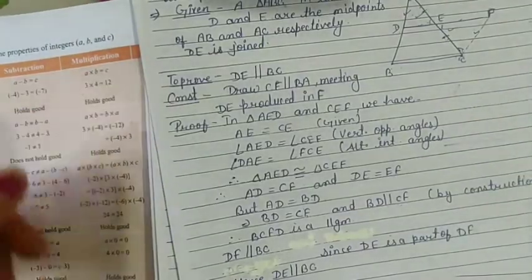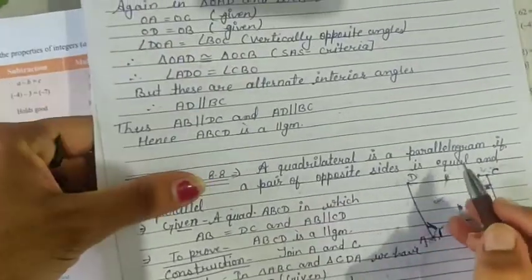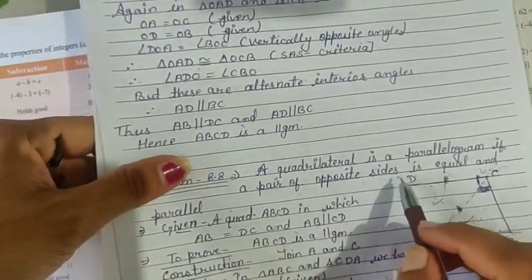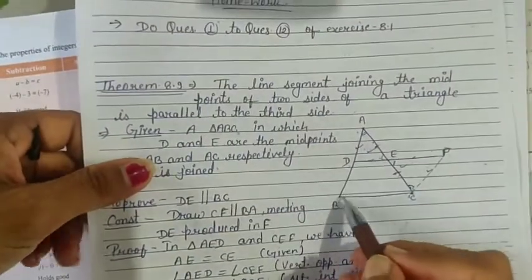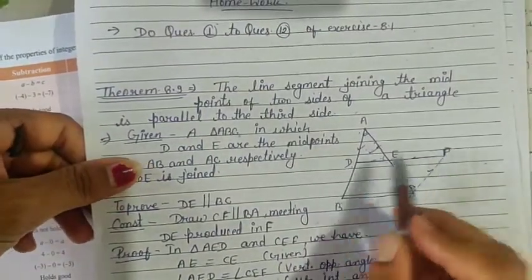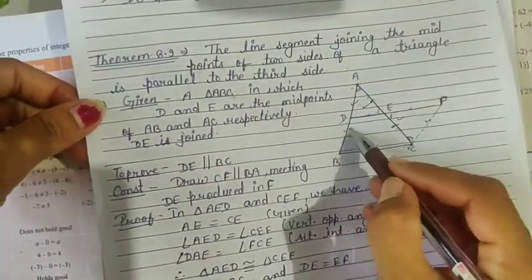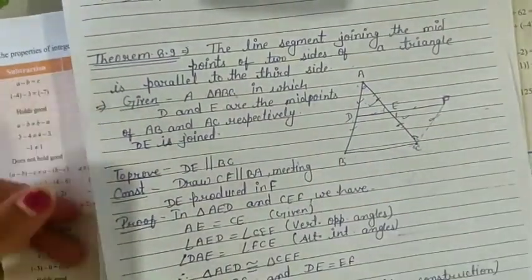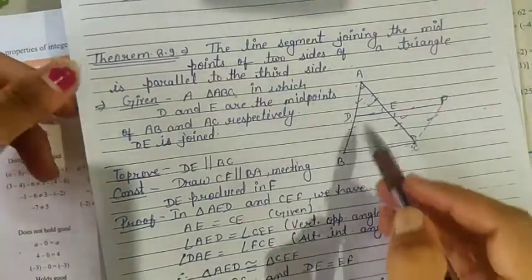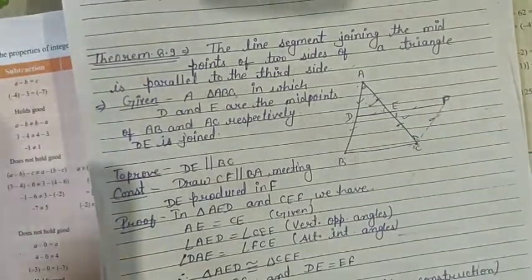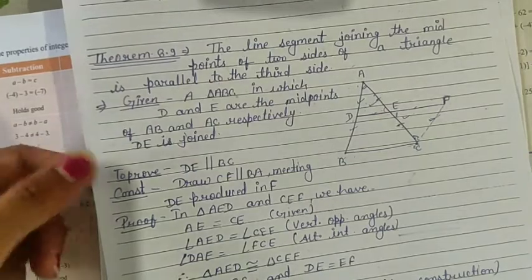Friends, remember theorem 8.8 that says that a quadrilateral is a parallelogram if a pair of opposite sides is equal and parallel. In this quadrilateral BCFD, these two sides are parallel to each other and equal. It means this is a parallelogram by theorem 8.8.